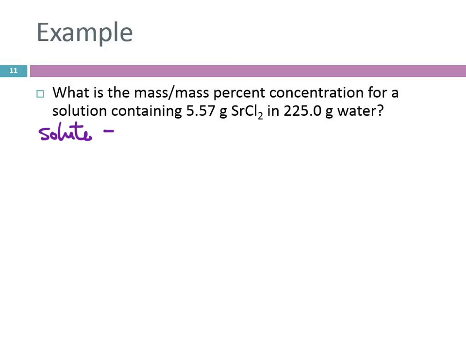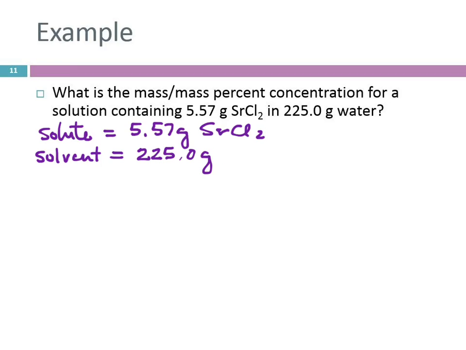The SrCl2. The solute is the thing that's dissolved. The thing in smaller amount. So it's the 5.57 grams of strontium chloride. What's the solvent? The water. 225 grams of water.